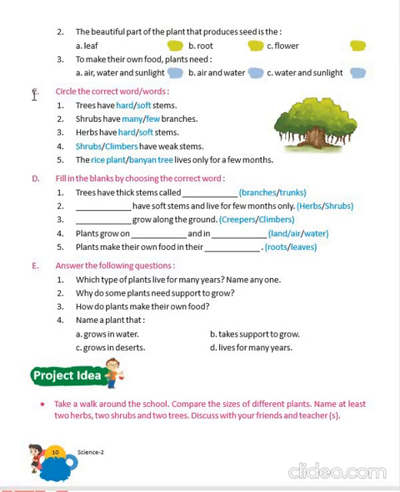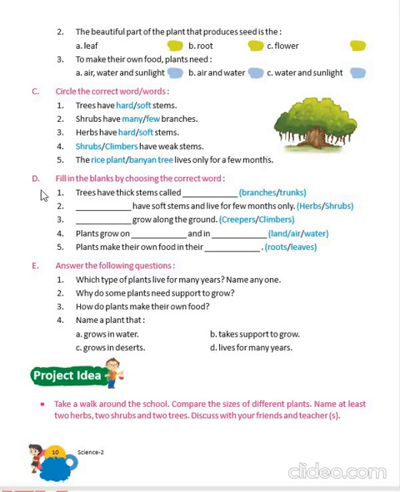Now come to C. We have to circle the correct word. So, trees have hard stems. Shrubs have many branches. Herbs have soft stems.